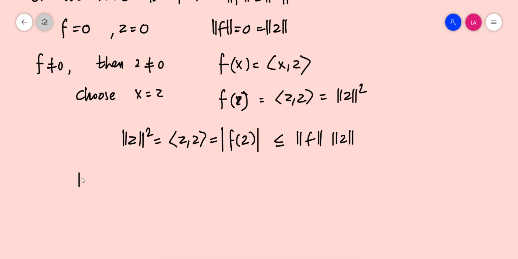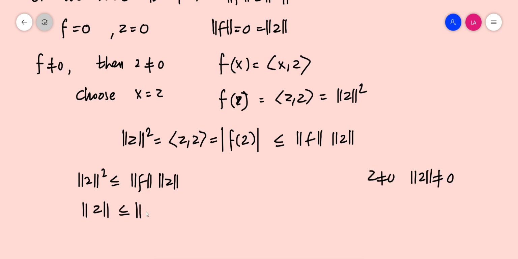Which implies norm z the whole square is less than or equal to norm f times norm z. Since z is not equal to 0, norm z is not equal to 0, so we can divide throughout by norm z, which implies norm z is less than or equal to norm f. So this is equation number 1.